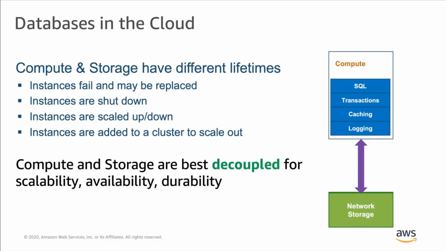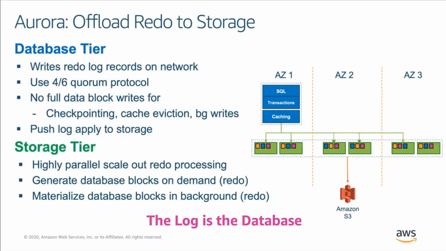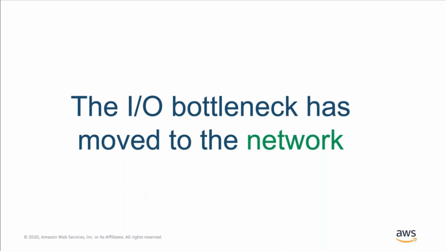So, based on this, we strongly believe that in the cloud, compute and storage have to be decoupled to deliver the best scalability and availability and durability. And that means that storage moves to the network, which means that the pipe between compute and storage is no longer that fat pipe, it's more of a thin pipe. And what that really means is that now the I/O bottleneck has moved to the network.